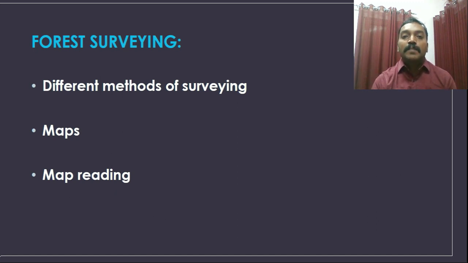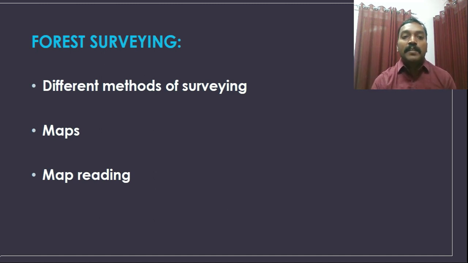Apart from the determination of forest boundary, many times surveying principles really help in the creation of forest plantations and various water harvesting structures. These are all additional benefits one can get from the application of forest surveying.